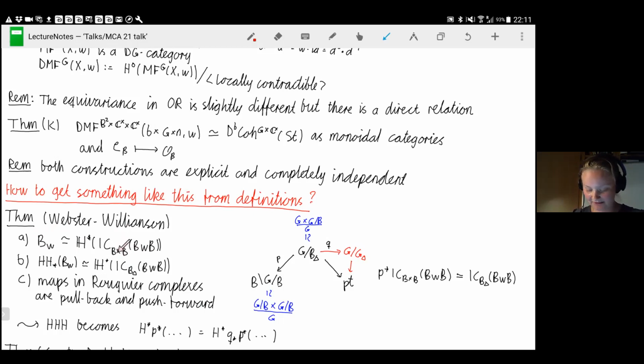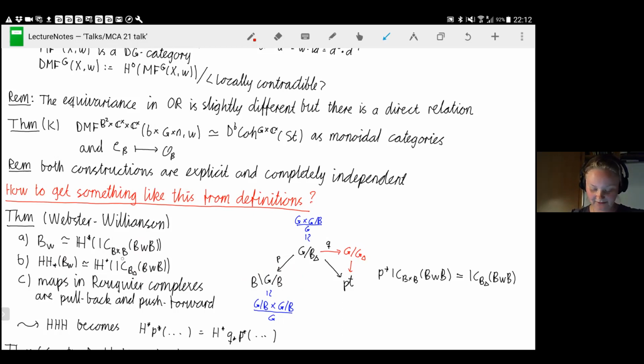So B times B equivariance would say that we have a sheaf, the IC sheaf corresponding to BWB, on this space G mod B mod B. The next thing they tell us is that Hochschild homology, the next difficult part of calculating triply graded homology, has a very natural relation to this.